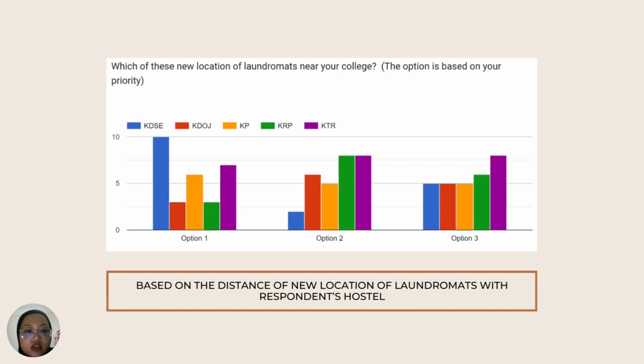And for the distance of the new laundromat location from respondents' hotels, based on their priority, option 1 is KDSE, option 2 KRP and KTR are equally preferred, and option 3 is KTR.